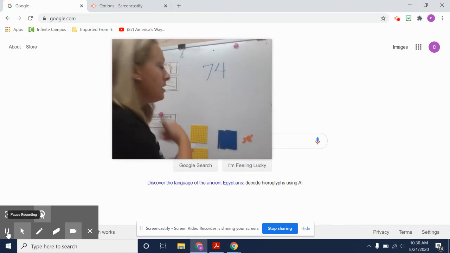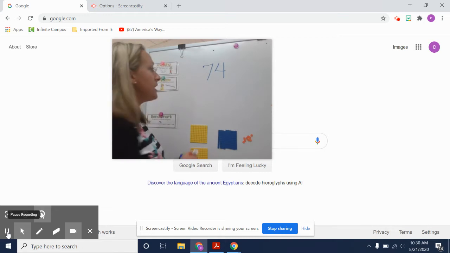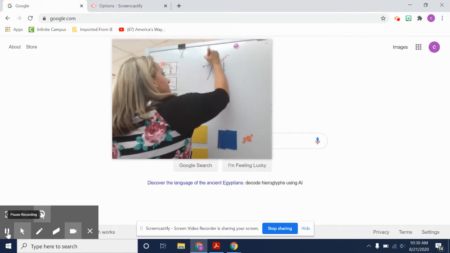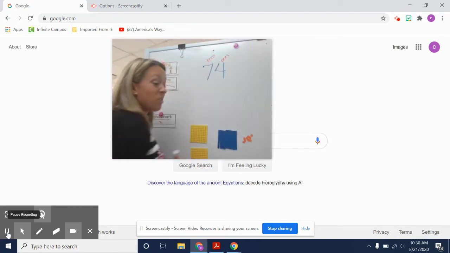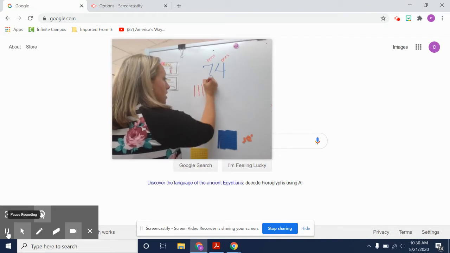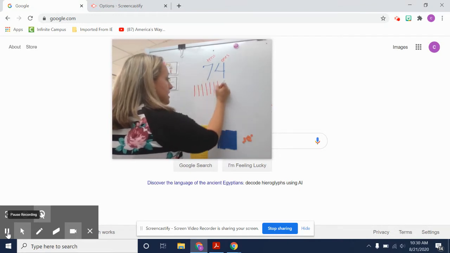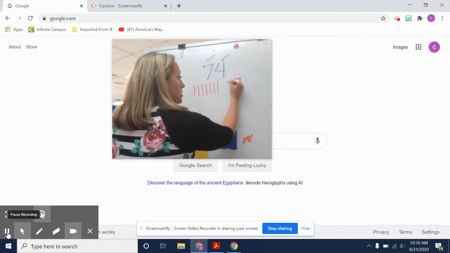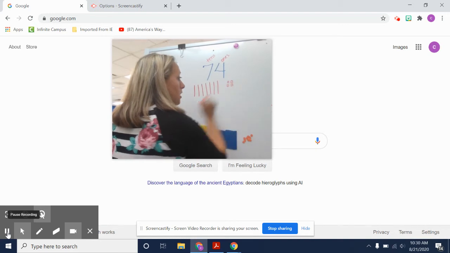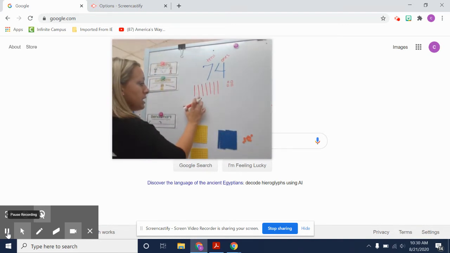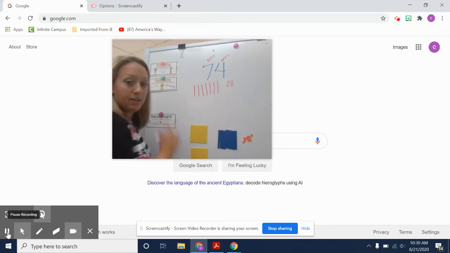Okay, so really quickly, I can look and I can see that the 4 is in the ones place, the 7 is in the tens place. So without really doing a whole lot of work, I know that I'm going to write 1, 2, 3, 4, 5, 6, 7 longs, and 1, 2, 3, 4 cubes. 74, 10, 20, 30, 40, 50, 60, 70, 71, 72, 73, 74.